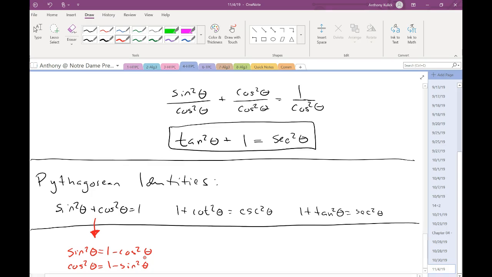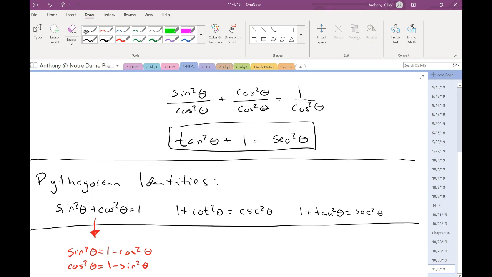We're not going to write out all those possibilities for each one of these, but keep in mind that those are still valid identities that may be useful. In particular, those two that I wrote down there are often things that will get used, which are, again, just versions of this same Pythagorean identity.